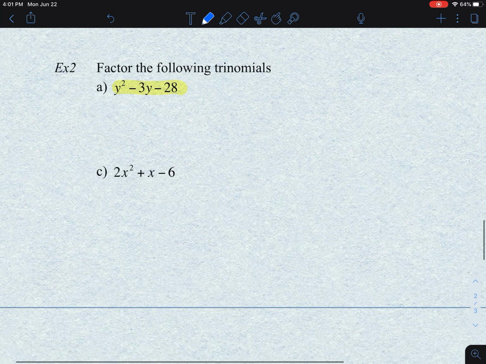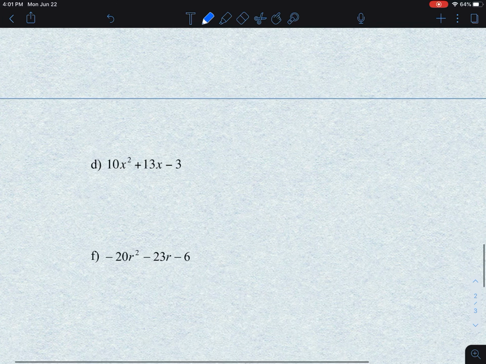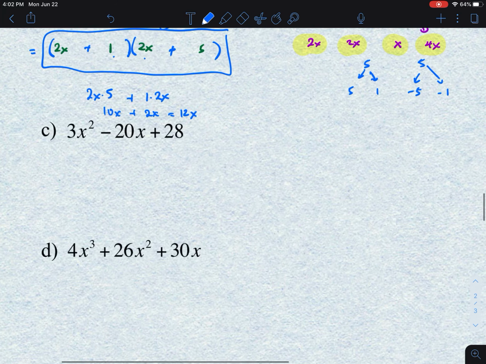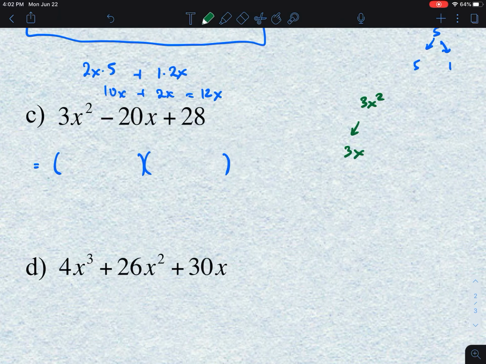That has some negatives. Okay, that has a little more possibility. Okay, we can do this one. This one, we have 3x squared, and we have 28. So this 3x squared, we can say that's just 3x and x.